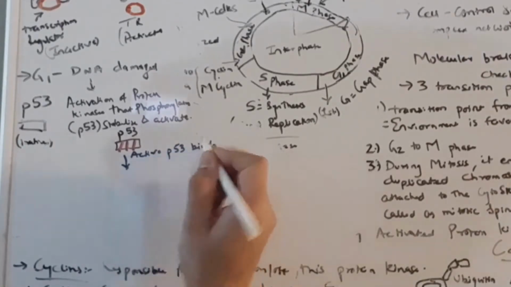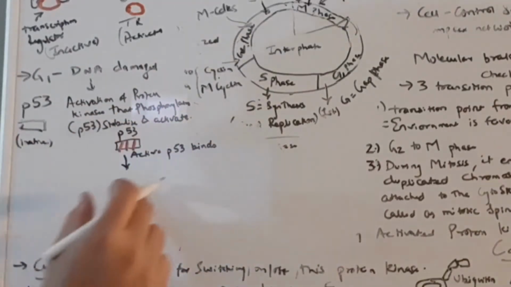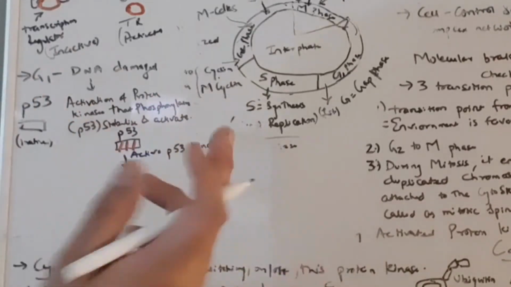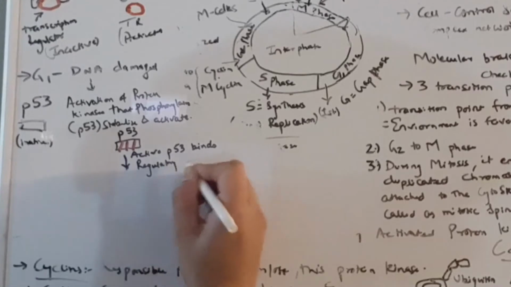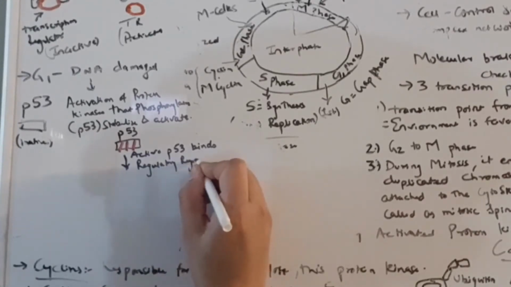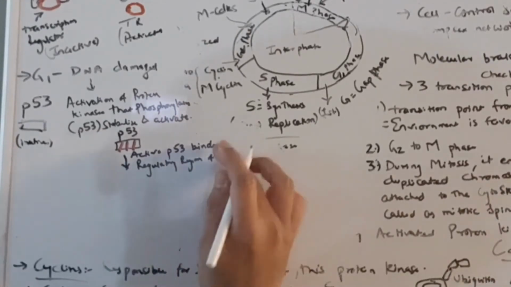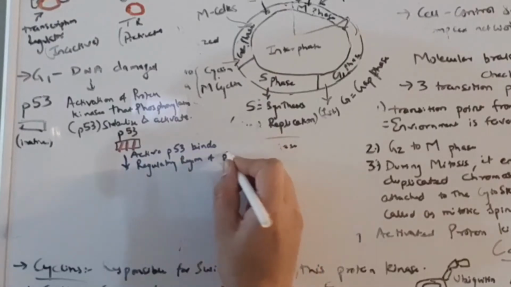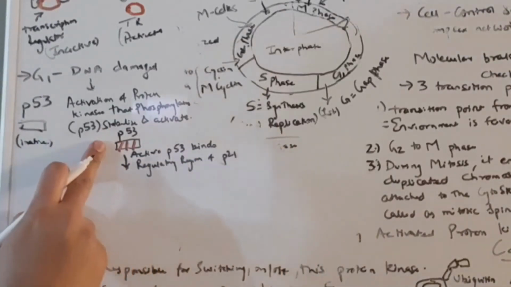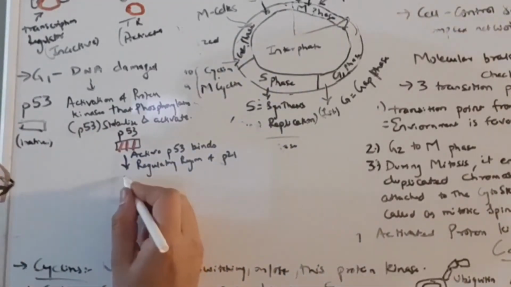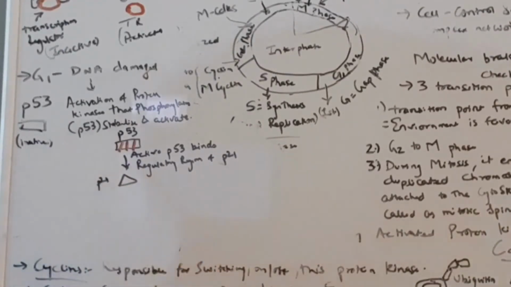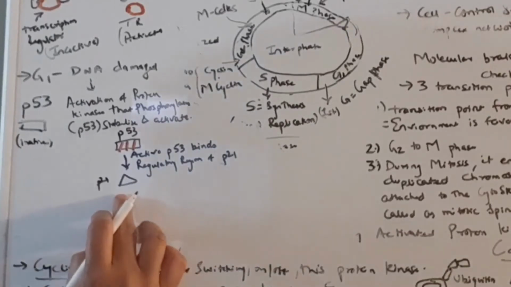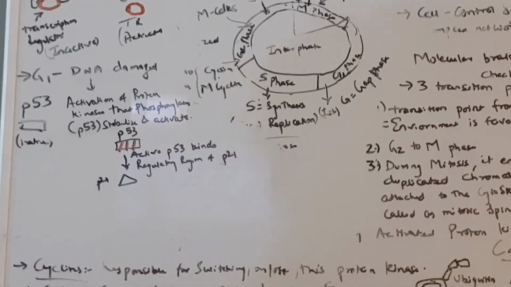So this active P53 will bind to a regulatory region of the P21 gene, because this is a regulatory protein. So for example, we will make a triangle of P21. So for example, this is P21, and this P21 is a transcription gene.